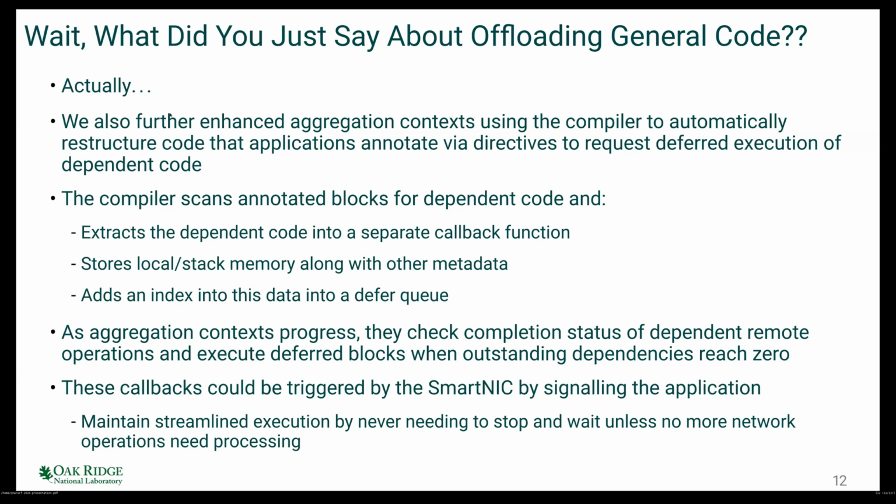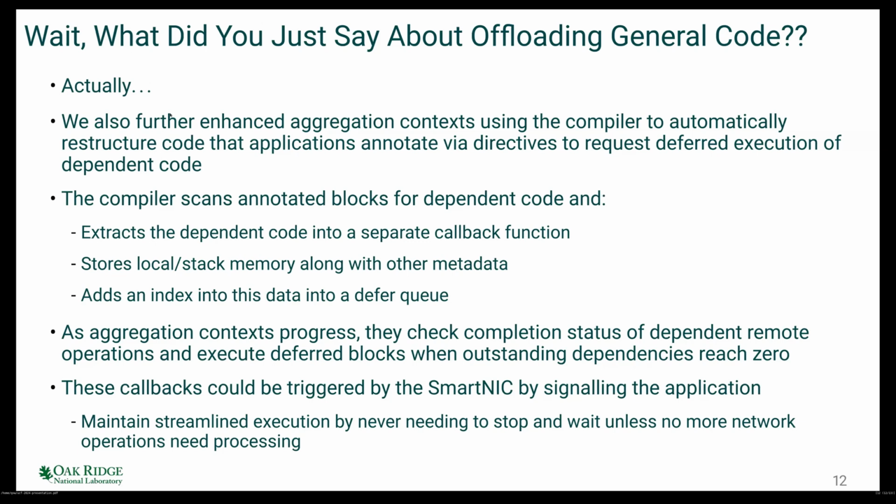And then, as the aggregation context does that implicit automatic progress model, it can check the completion status of outstanding operations and execute ranges of the operations in the defer queue when their dependencies have been satisfied. What we're thinking is that these callbacks could potentially be triggered by the SmartNIC through signaling of the application, since we want to have it still be streamlined.